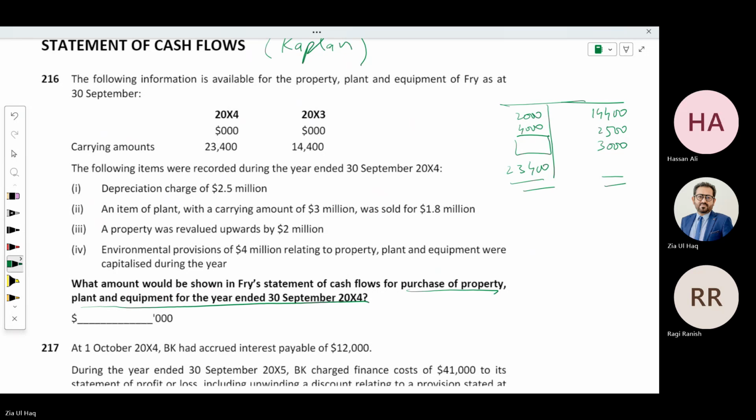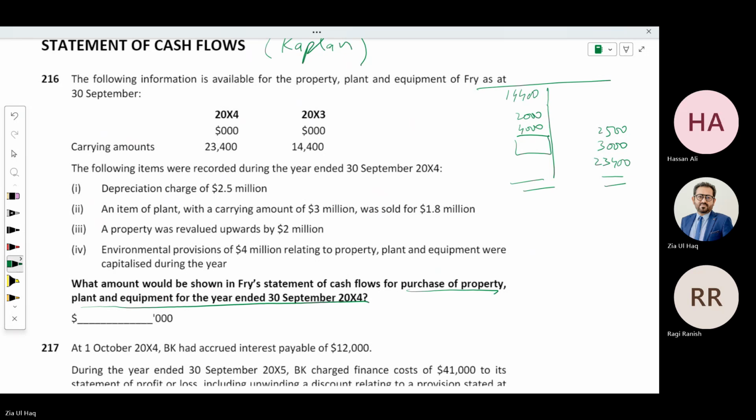What's the balancing figure? The account can have a debit balance. Oh, sorry. I did something wrong here. $14,400, $23,400.